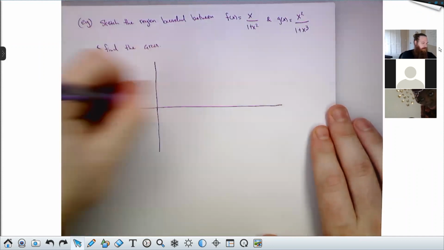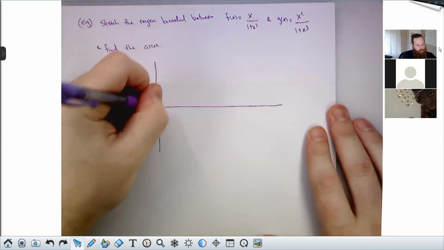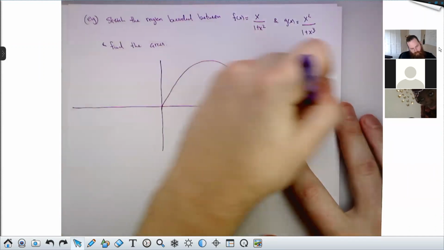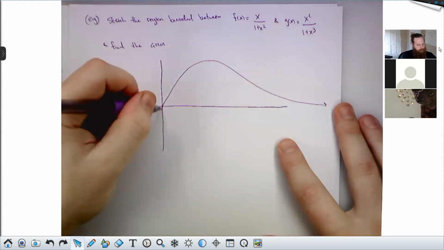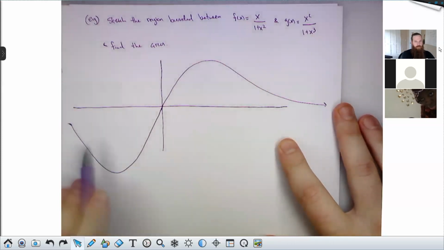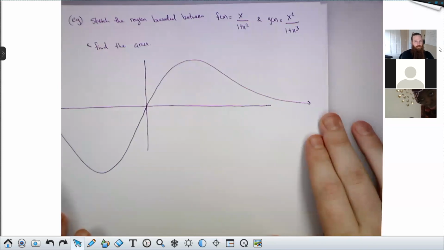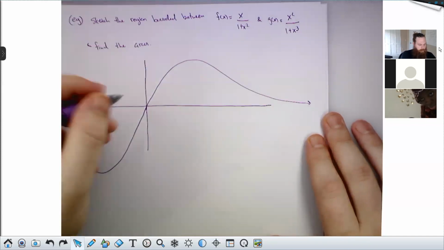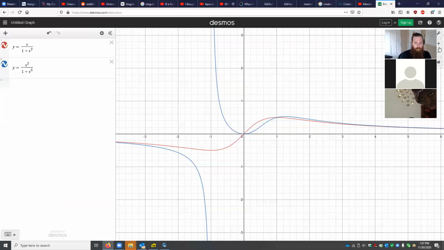X over 1 plus x squared, I know, looks like this, and he'll flatten out that way too. I just care about this stuff. X squared over 1 plus x cubed looks a little weirder.